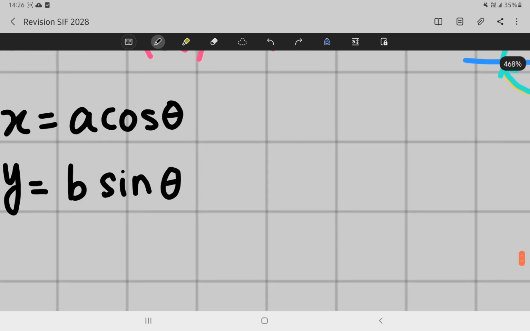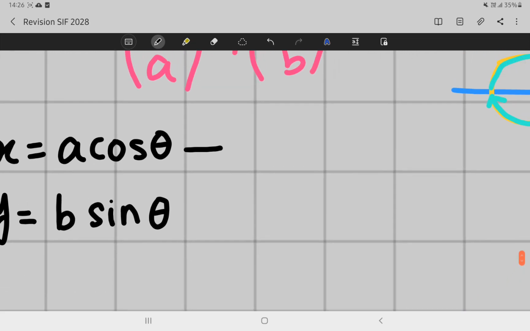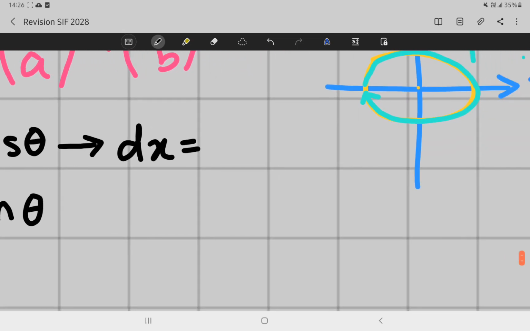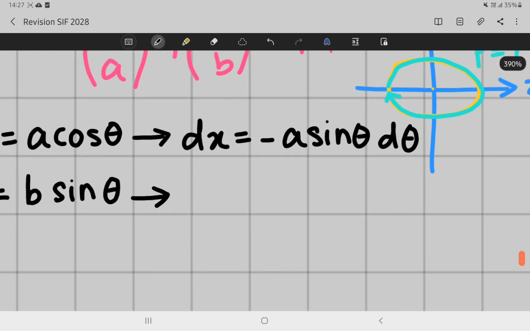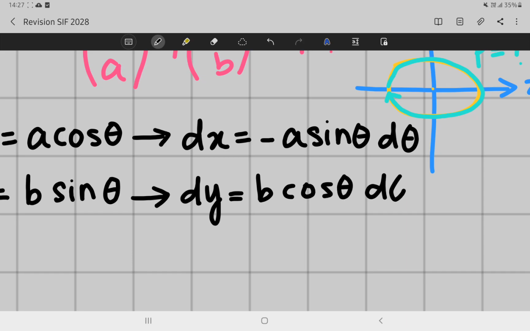Then we need to take the derivatives. dx is minus a sine theta d theta, and dy is b cosine theta d theta.